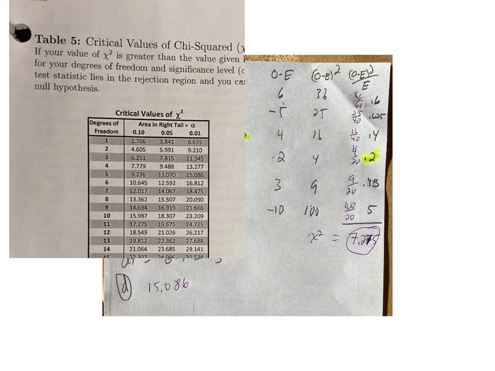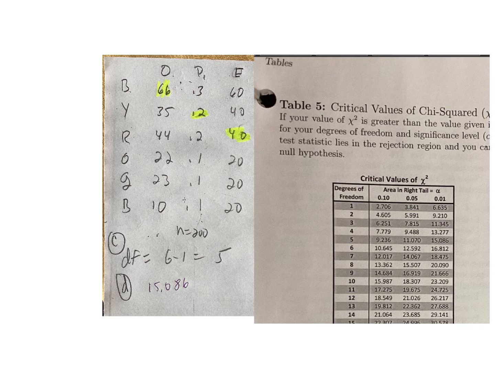So looking at the table, 5 degrees of freedom, 5% level, 11.071.